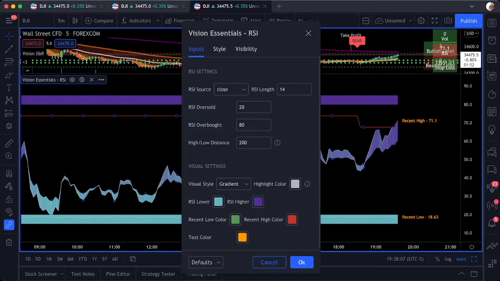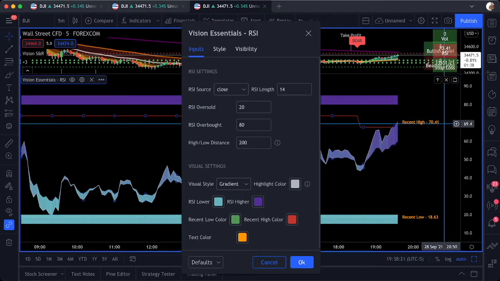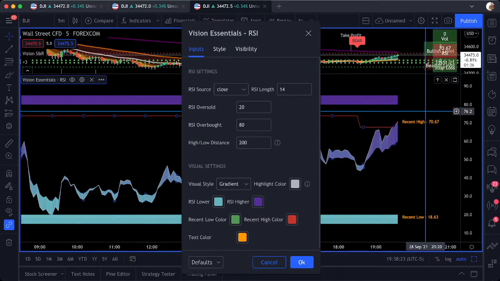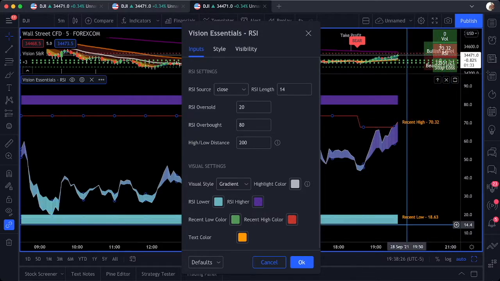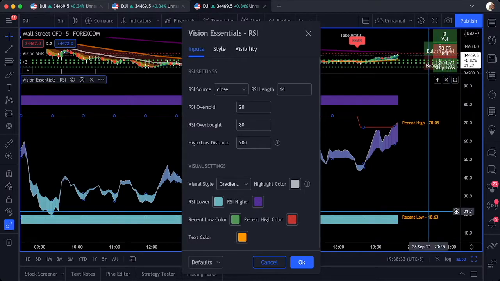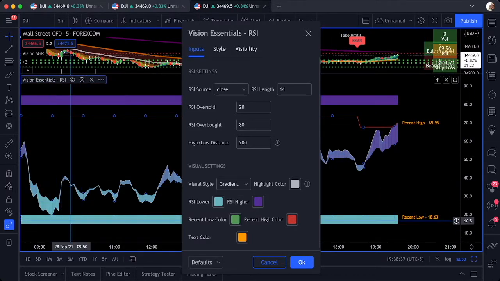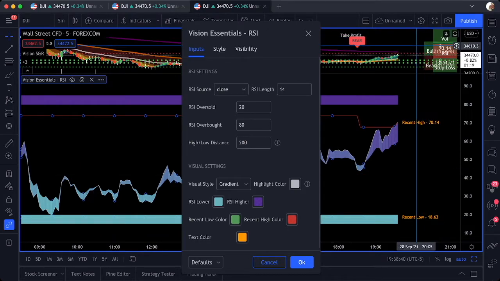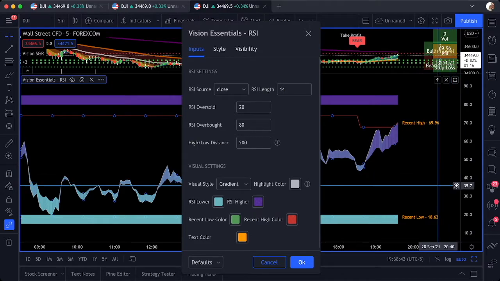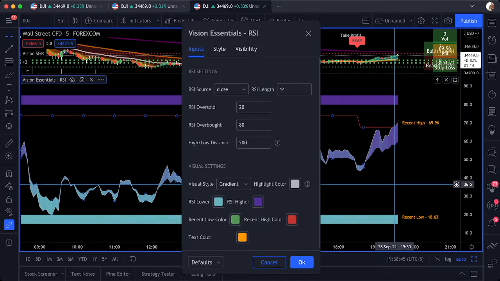So depending on what you're watching, you study it. And this actually helps minimize the studying, because it's giving you that recent high and the recent low of, like this one, the last 200 candles. Whereas previously, I would go back through and look at the lowest point and then the highest point and go from there. So this would have been nice to have about a year ago.